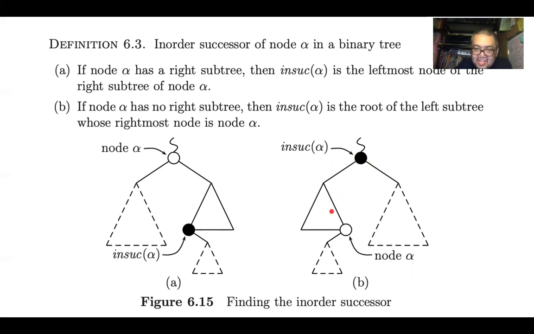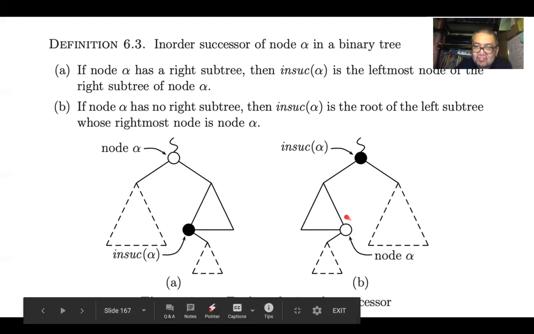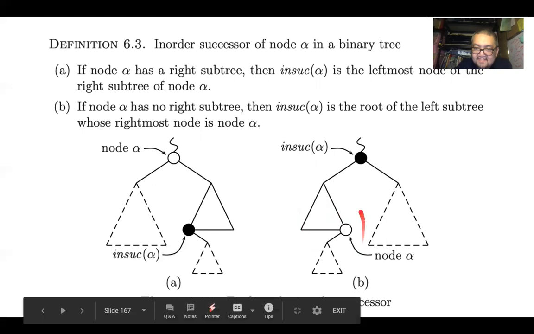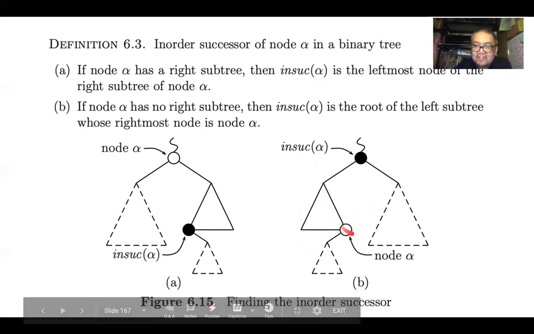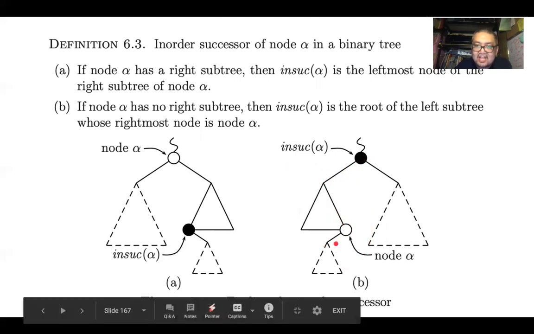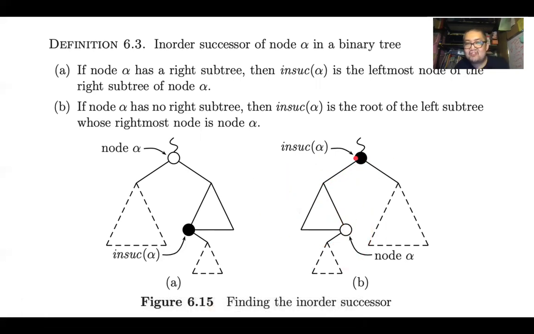Technically, if we draw a tree here, alpha is also the rightmost node here, but this tree is not a left sub-tree. So the first tree such that it will be a left sub-tree is this tree, and alpha is the rightmost node, and the root of that tree, where this is a left sub-tree, shall be the in-order successor.